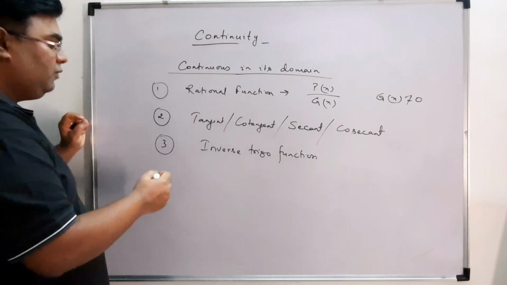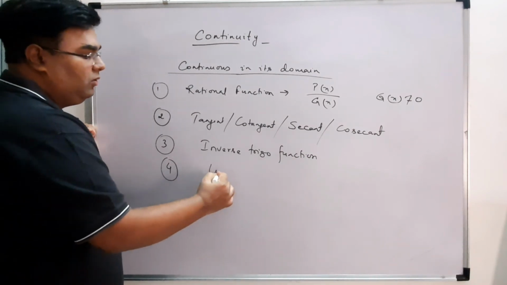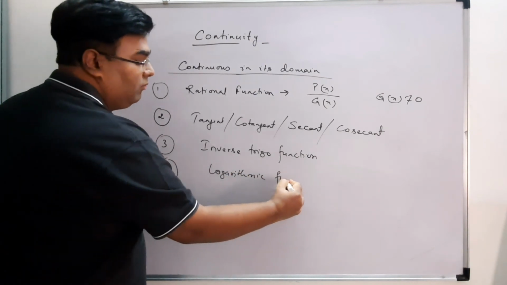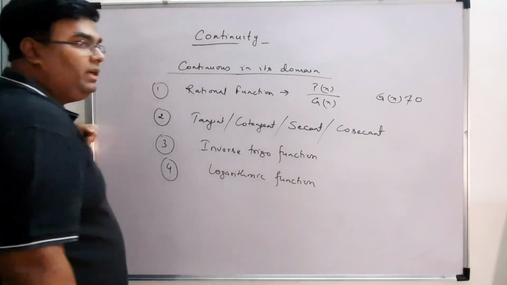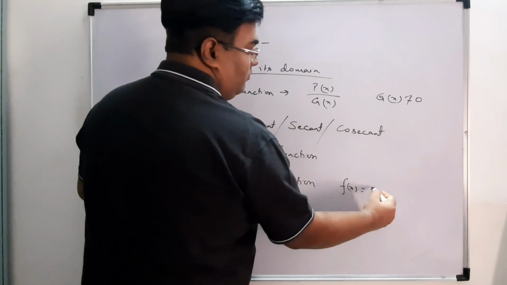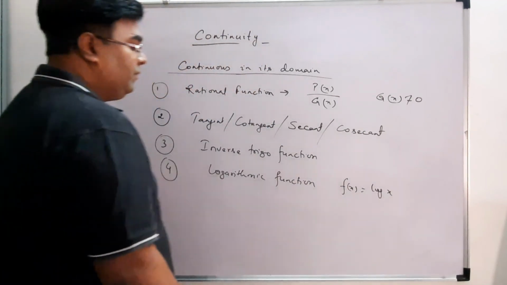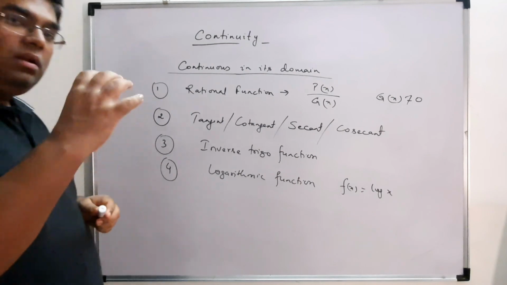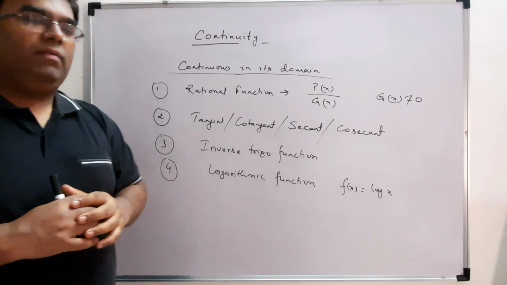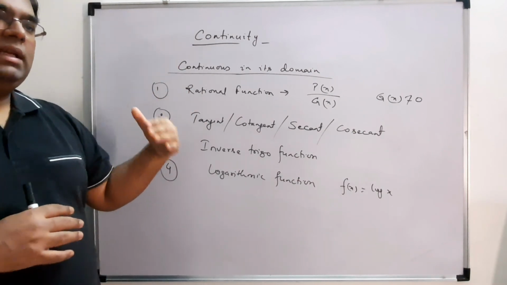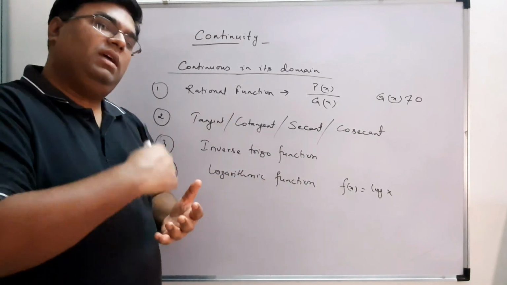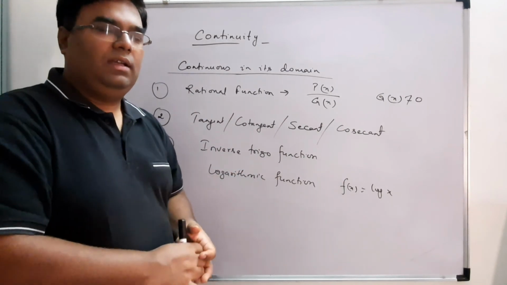Fourth, logarithmic function. Right? f(x) is equal to log x. This is also continuous but in a particular domain. So whenever a domain is defined for the function, we can say that the function is continuous in its domain. We need to prove it also, but there are some functions which are continuous everywhere, as I have given earlier in all the examples.